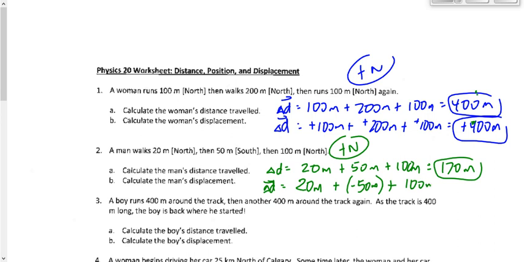So that gives me a total of, what is that going to be? 70, I think it is? 70 meters? It's going to be positive 70 meters. The positive means to the north, right? Now, why are those two numbers different? Because we changed direction. Question number 1, we didn't change direction, right? It was north the whole time. Here we have north and south, so we changed direction.